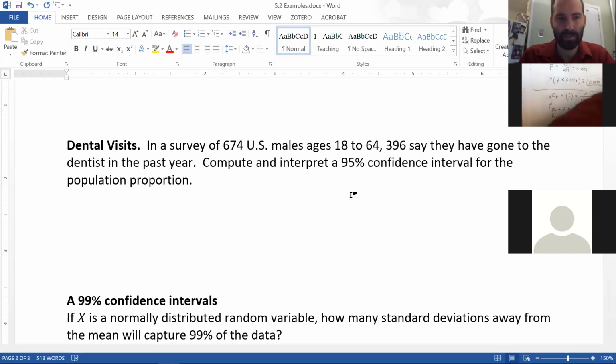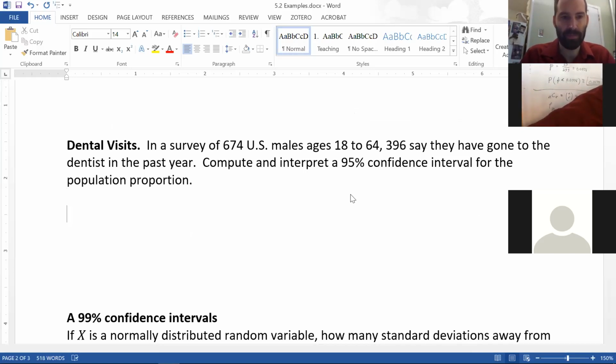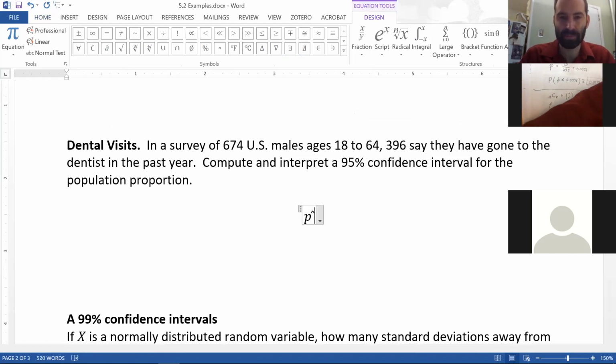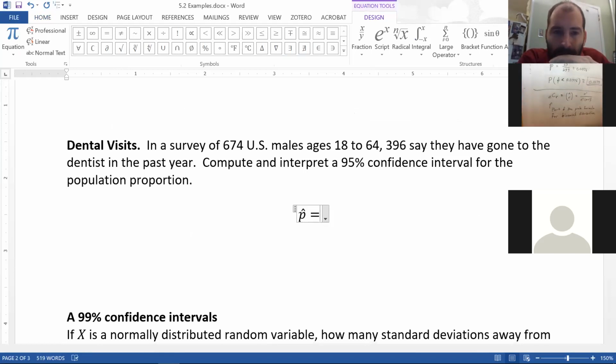All right, well here, we need to find p hat. Well, p hat is what? Let's see. In a survey of 674 males, 396 say they've gone to the dentist.